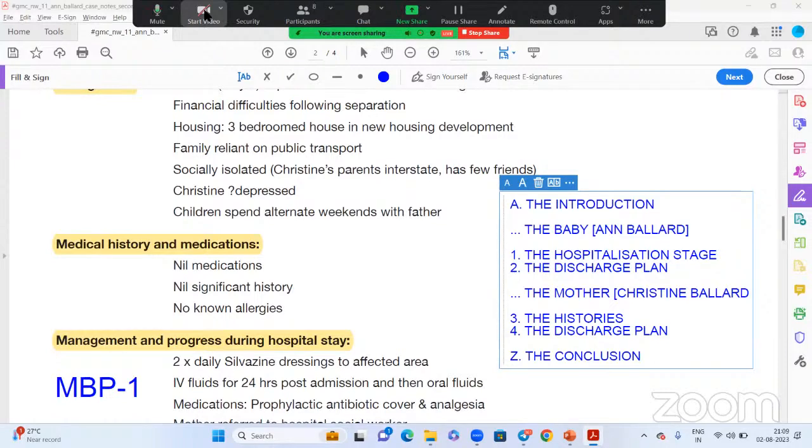Okay, sir. So it is relevant information because the baby is not mature enough to take care of herself. So the responsibility of the care is shifted to mother. So mother should be trained. That's it. Right. Okay, thank you, sir.